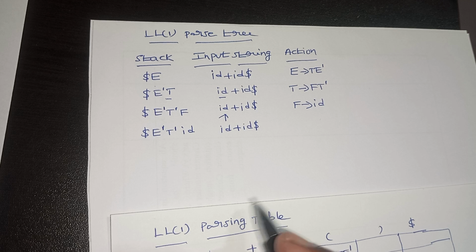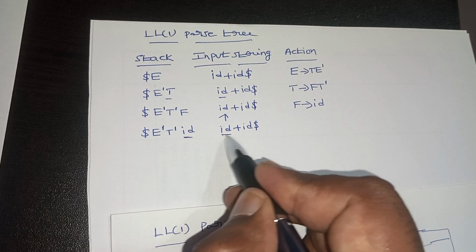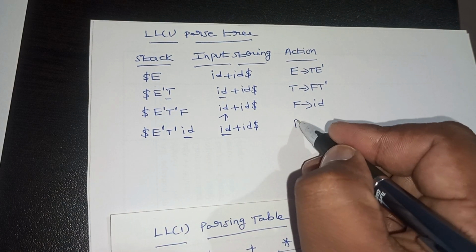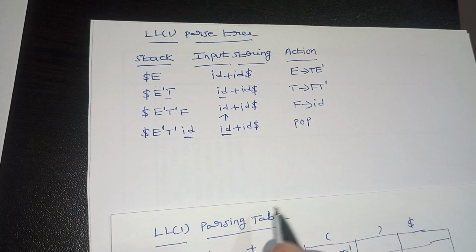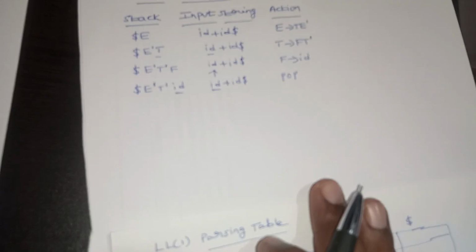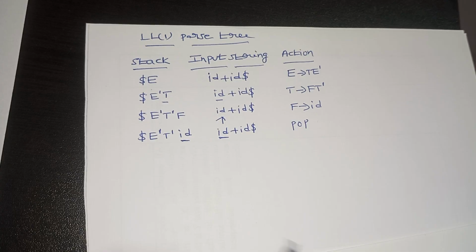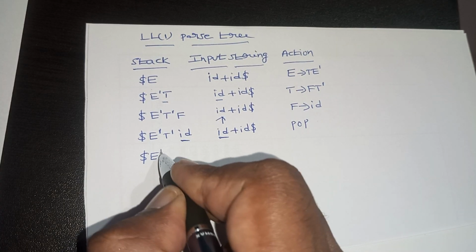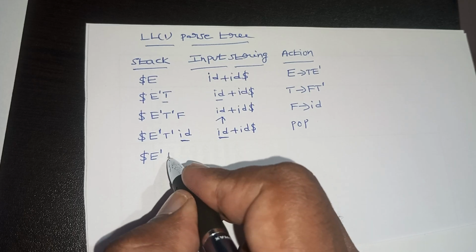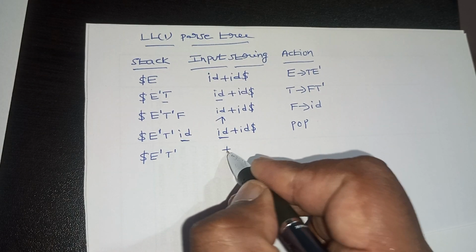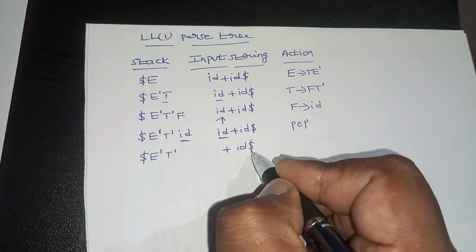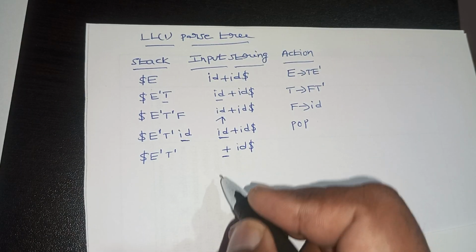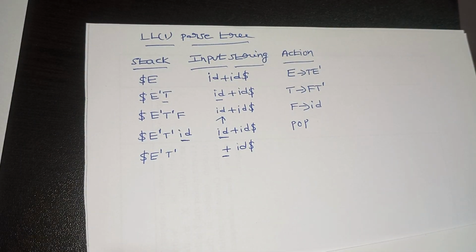Okay, now both are matching, so the action is the pop action. Then what will be the string? Dollar e dash t dash plus id dollar. Now t dash and plus, you have to see the table.